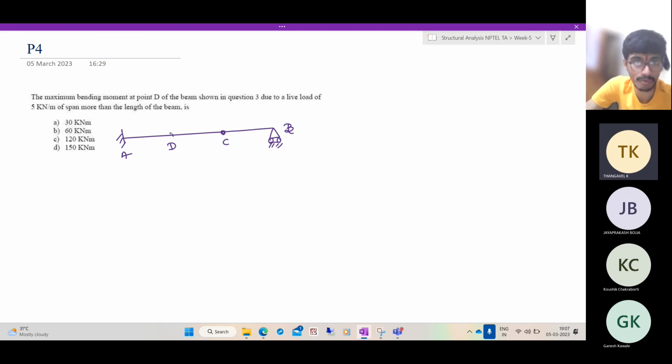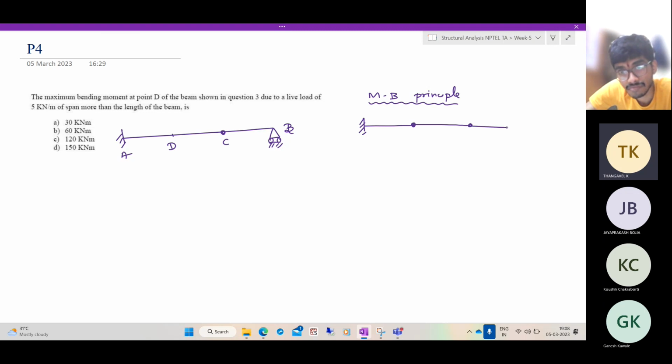So if you have to apply a bending moment, what should you release? You should release the rotation. You should not release the displacements. So left side and right side can have a different slope, but not different displacements. In that case, using the Muller-Breslau principle, in which direction should you apply a moment on the point D?